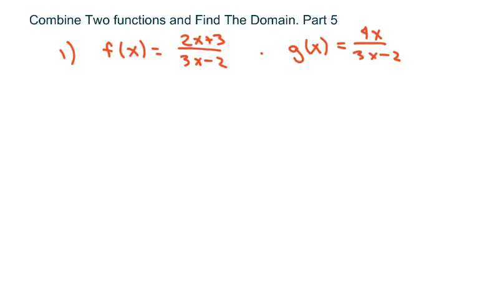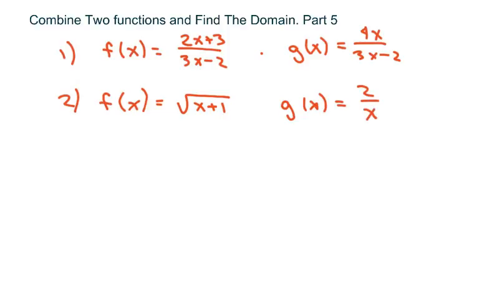And the second one is f of x equals the square root of x plus 1, whereas g of x equals 2 over x.